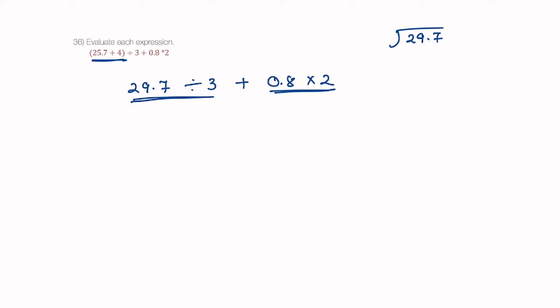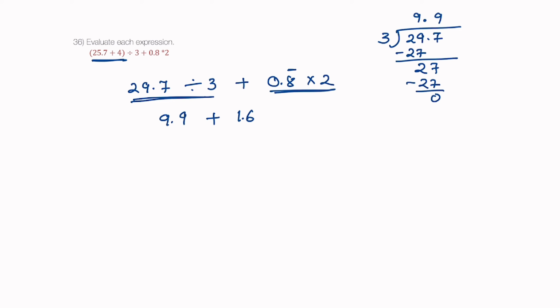29.7 divided by 3. 3 times 9 is 27. Now I'm carrying 7 down, so I'm going to put a decimal here, and that's 9. So the answer is 9.9 plus 8 times 2 is 16. We know that. And how many decimal digits do we have here? Just 1.